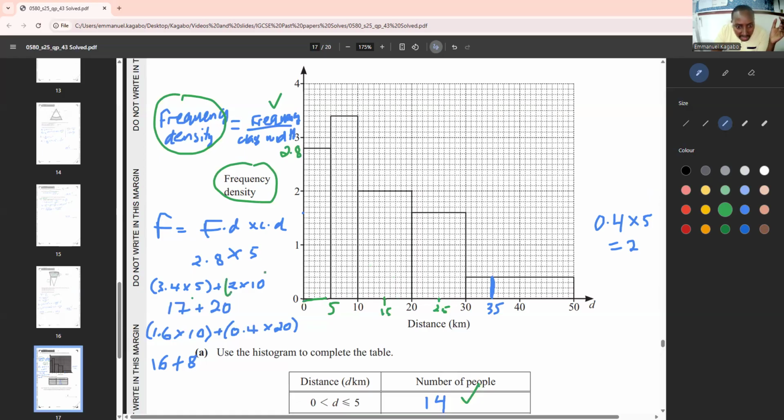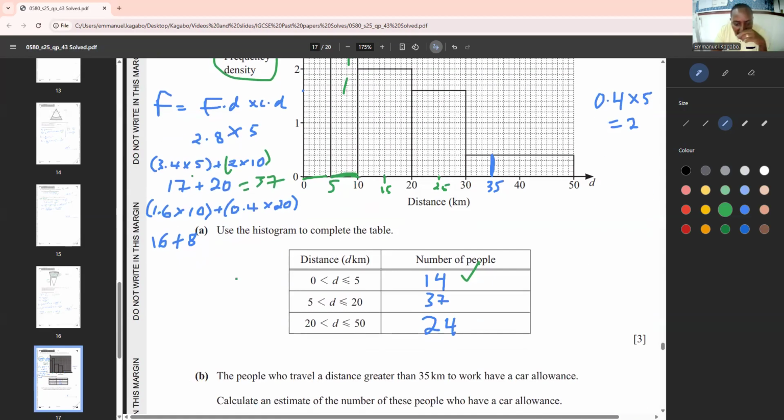Because I have this, which is from 5 to 10, the class width here is 5, 10 minus 5. Then here was 3.4. That's why I got 3.4 times 5. What about here? It is 10. This is 2, so 2 times 10. So when you add that, it will give you 37, okay? If you check, I have 37 there.